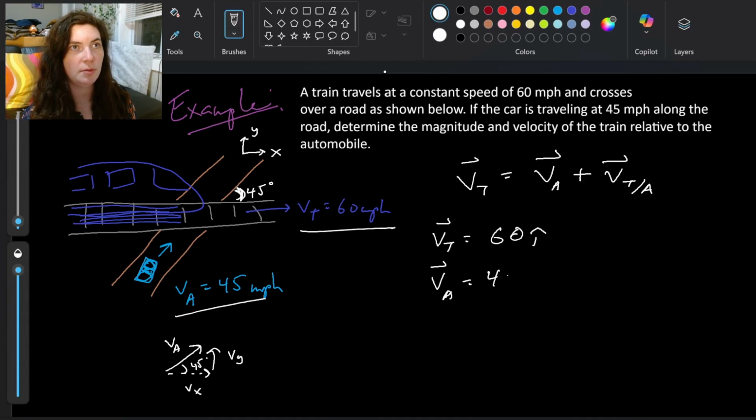The VA is going to be 45 miles an hour times cosine of our 45 degrees, and that's in the X direction, so that's going to be i hat, plus, because we're moving in the positive Y, 45 sine 45 j hat.